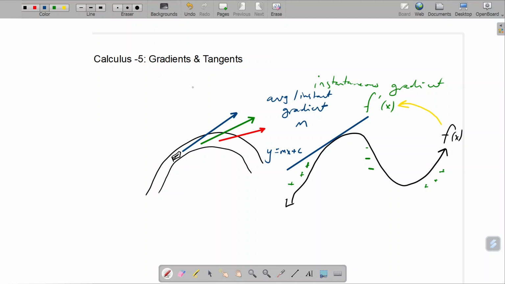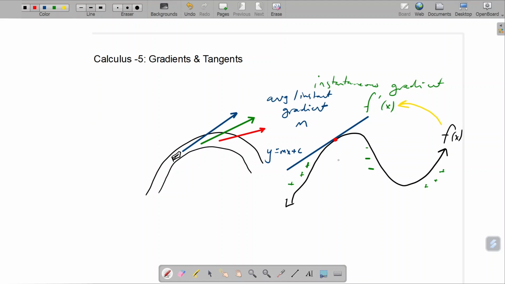Now, what happens at this point of tangency, and this is the key to our argument here, is hopefully you can see from the quick sketch that here the black graph's gradient is too steep. Here it is flattening out. Here it is becoming negative, so it's definitely going to be different from the blue gradient. And here it is changing again.